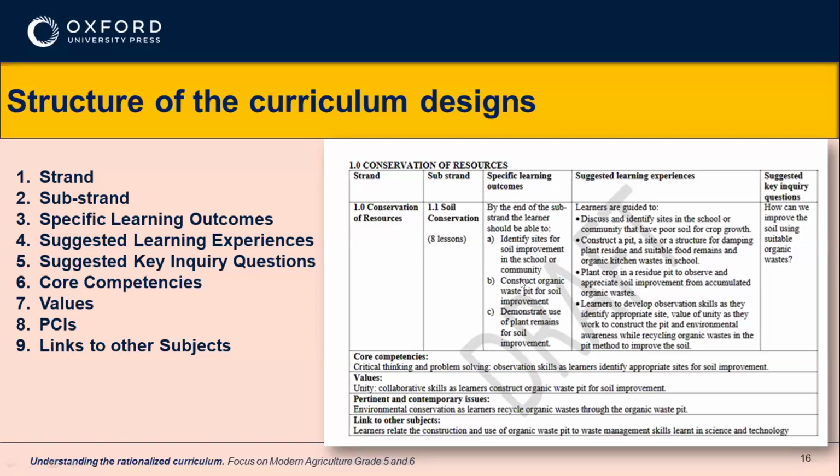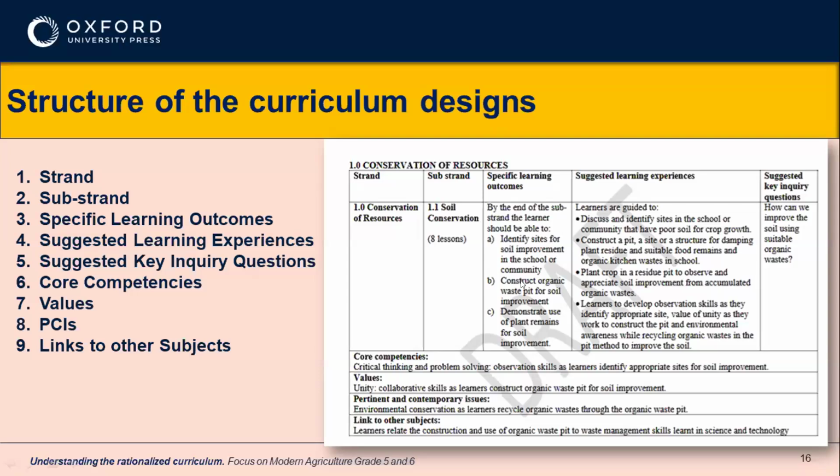So still on the same, down there, as I said, we have the core competences, which are inculcated in the learning experiences. As the learning is going on through the learning experiences, these core competences are silently being inculcated in the child. So as the children discuss, as they identify the sites that need improvement, there is critical thinking and problem solving.